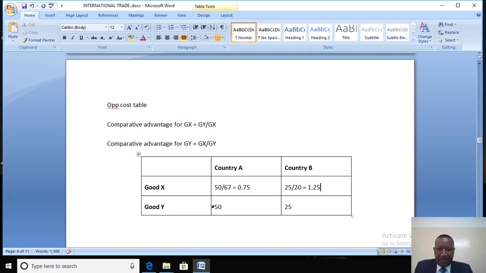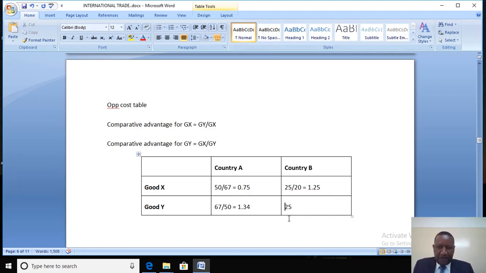Comparative advantage for good Y is the quantity of good X, which is 67, divided by the quantity of good Y, which is 50. That into your calculator should be 1.34.